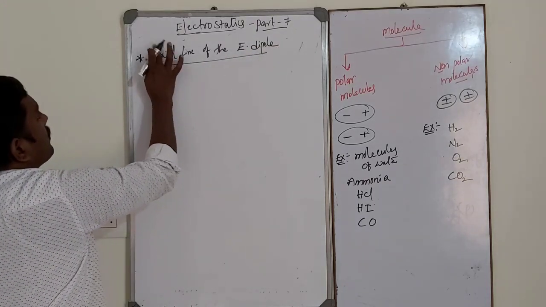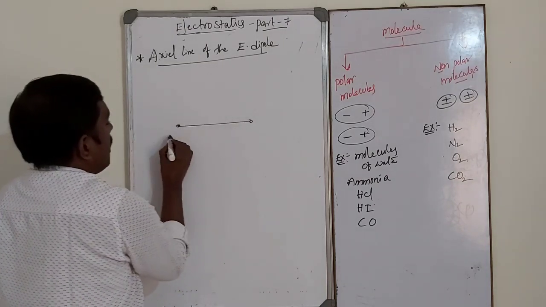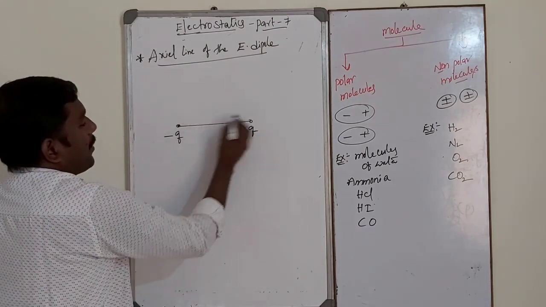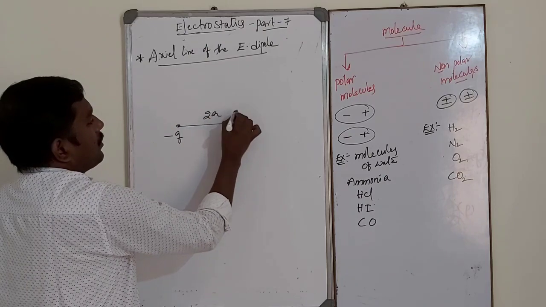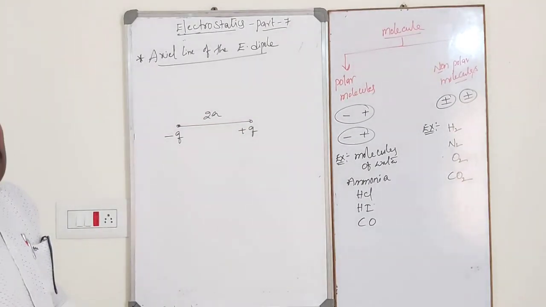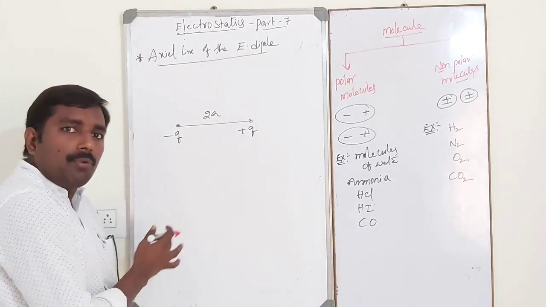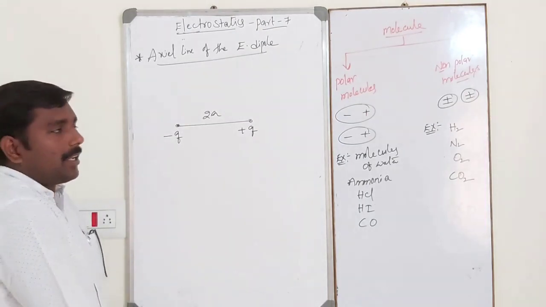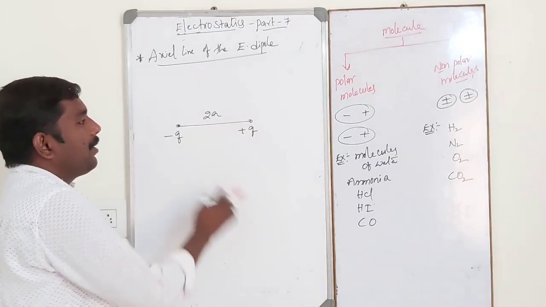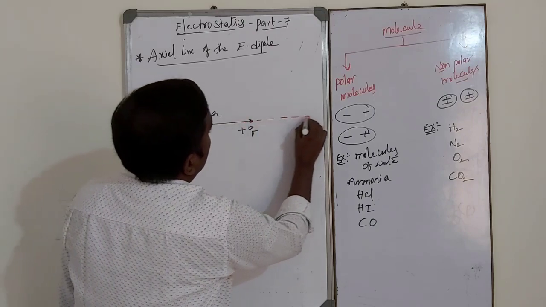See, dear students, this is the electric dipole separated by distance 2a. Axial line means the line joining the two charges extended on both sides. That is called axial line. Like this is the axial line.